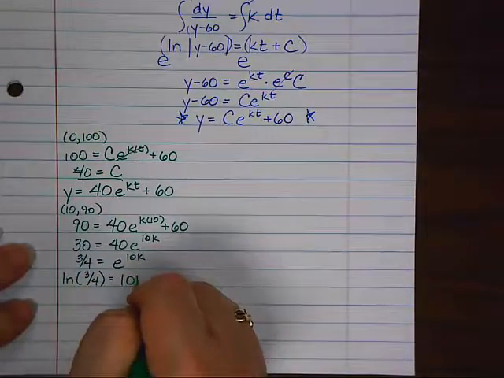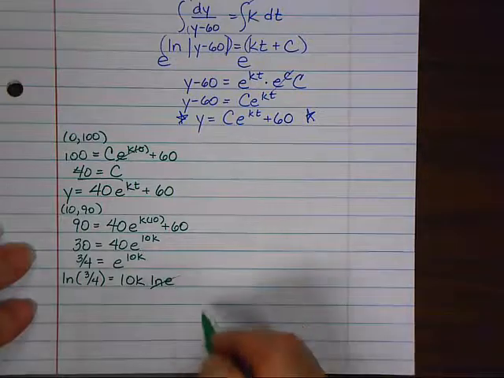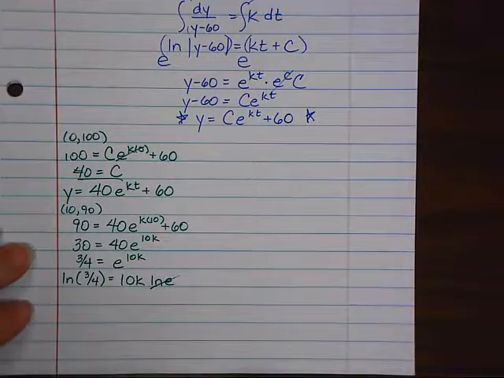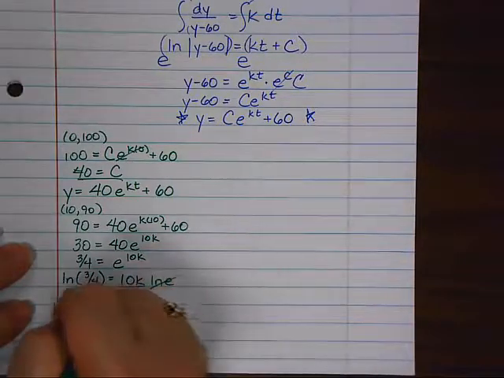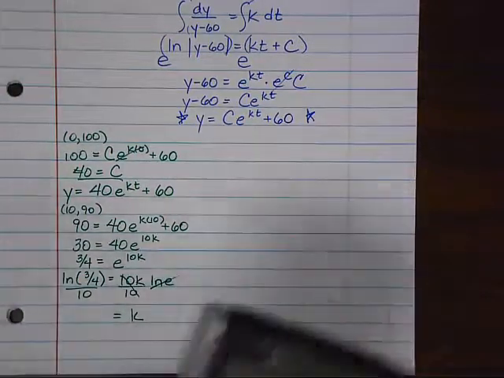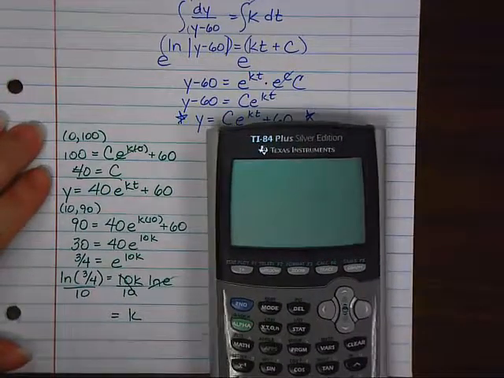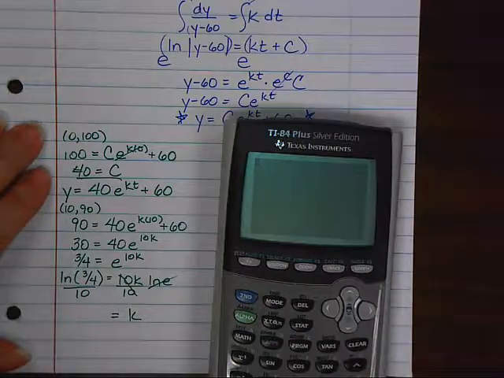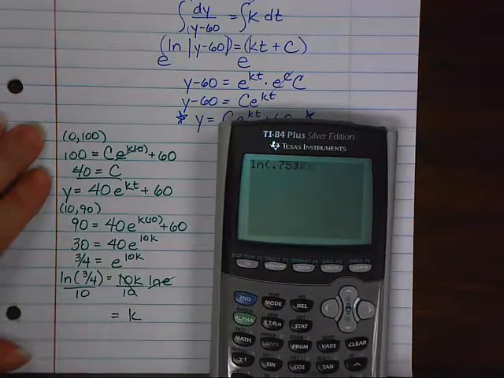Bring down the 10k. And divide by 10. Store it in your calculator: ln 0.75 divided by 10.